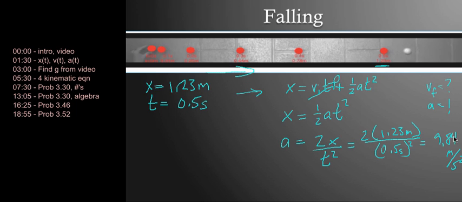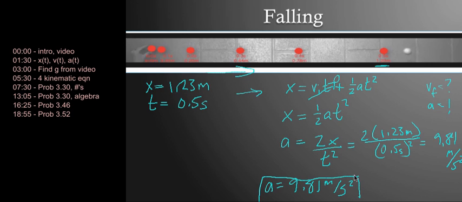Here we ended up with 9.84, which is a little bigger than the accepted value for gravity, which should be about 9.81, 9.80 something, which is a little bit more reasonable.